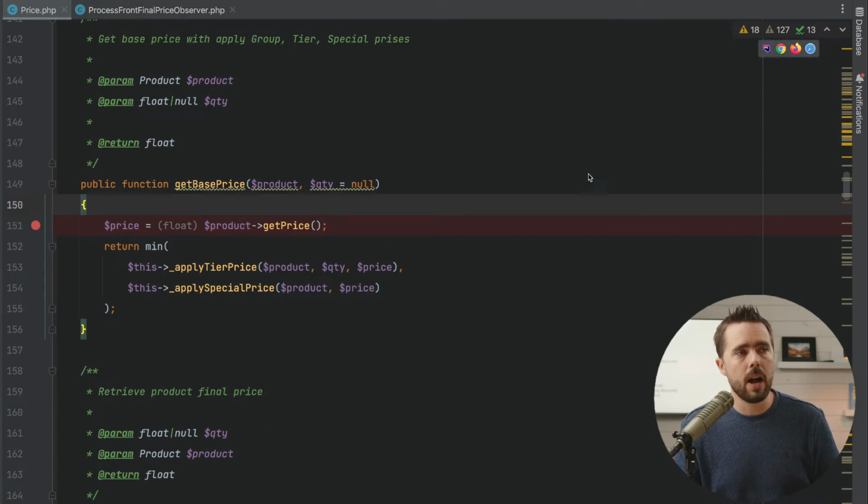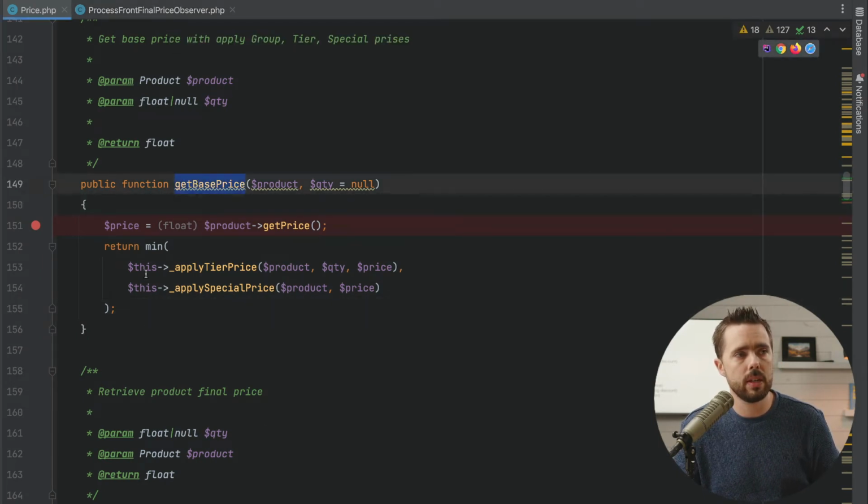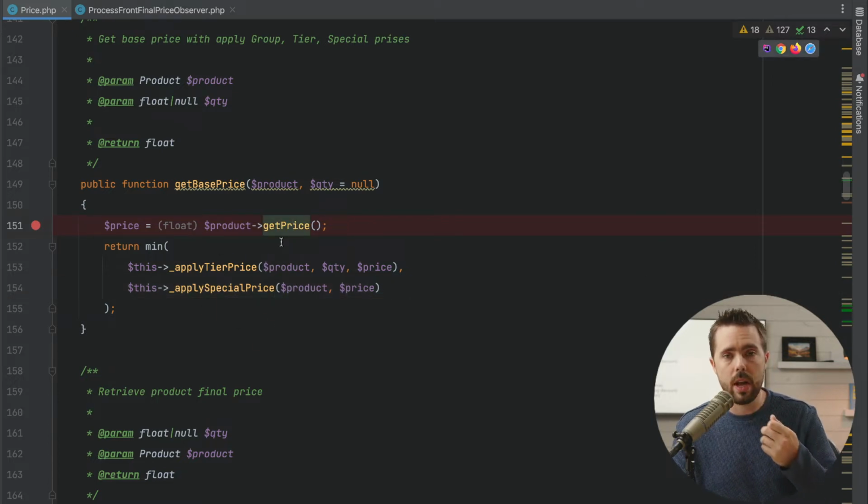Let me show you the code that proves this. Here in the product price model, we have getBasePrice. It gets the minimum of the tier price or the special price, and that is the price that is listed. So that is the first part of the price that is returned.